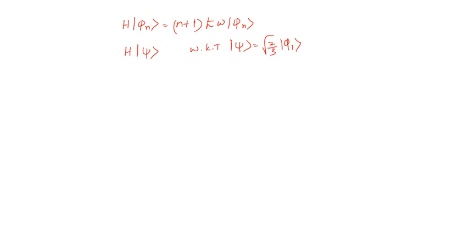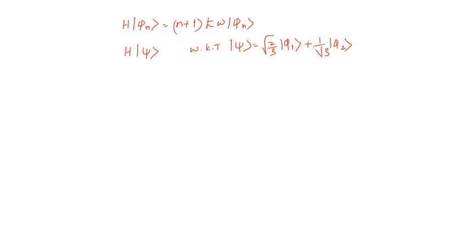Okay, so what is given is H measured on phi n giving (n plus 1/2) h cross omega into phi n. And what happens when it is measured on psi? We know that psi equals root of 2 by 3 phi 1 plus 1 by root 3 phi 2, the normalized wave function we found.